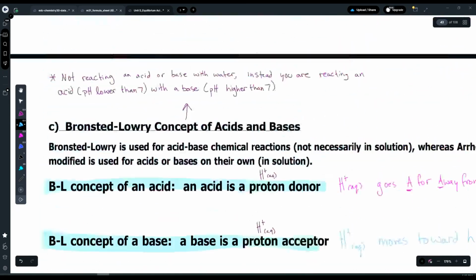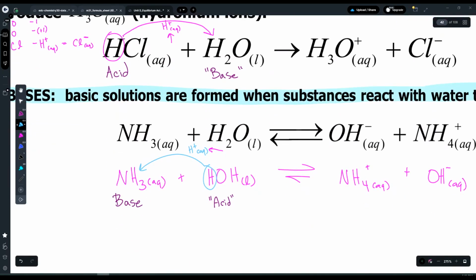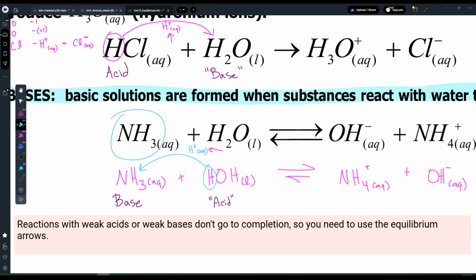Okay, so for this first one here, because hydrochloric acid is a strong acid, that is why we use the forward reaction arrow, because strong acids or strong bases, they are going to react completely. Whereas with ammonia, this is a weak base. So the reaction with a weak base isn't going to go to completion, so that's why we use these equilibrium arrows.